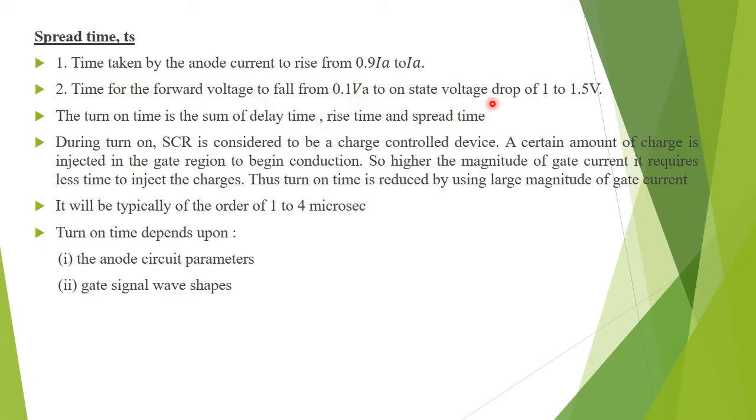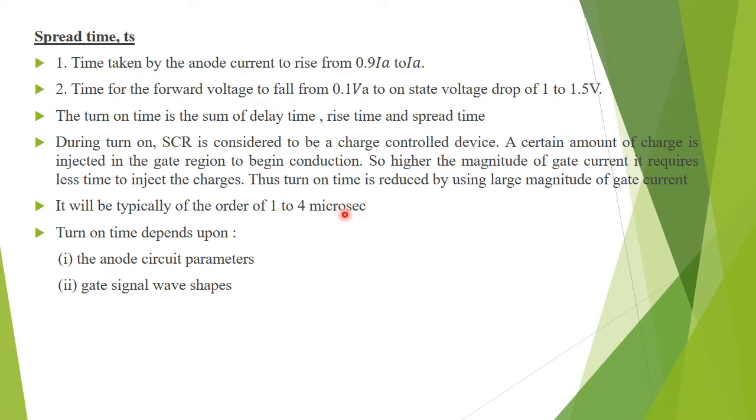Once the SCR starts conducting, a very small amount of voltage will appear across the SCR. That is defined as the on state voltage. The on state voltage drop will be of the order of 1 to 1.5 volts. Once the SCR is turned on, it will act as a controlled device. The on time of the device can be controlled by varying the gate current.